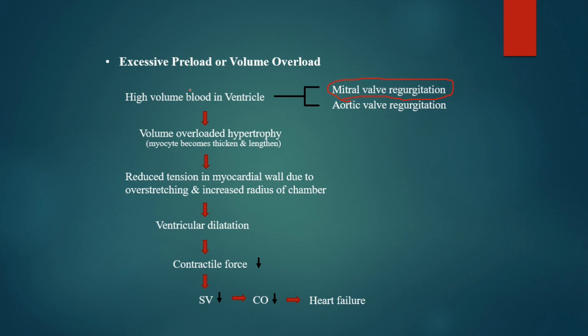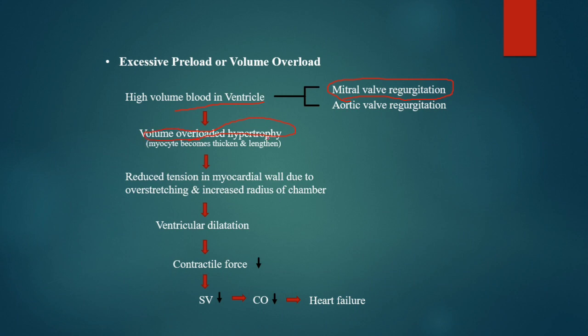So in this case, blood volume in the ventricle will be so high that myocytes will go to myocardial cell remodeling, which is basically a volume overloaded hypertrophy. It is a muscular hypertrophy.